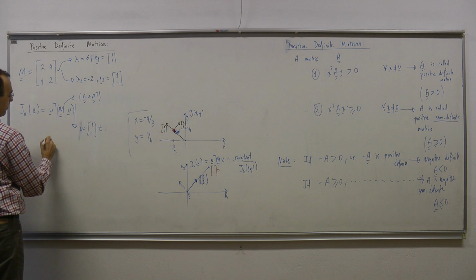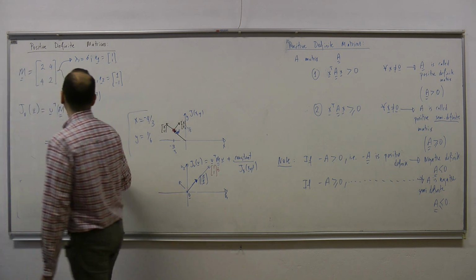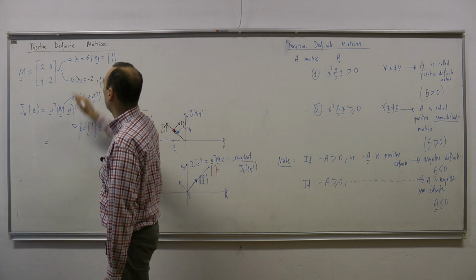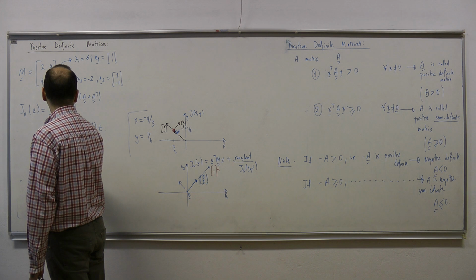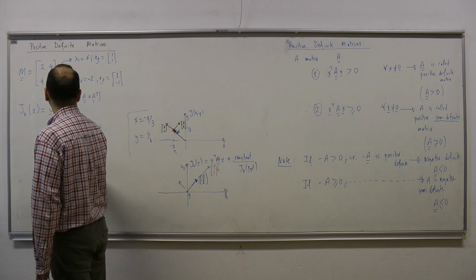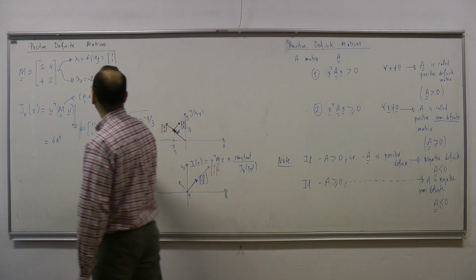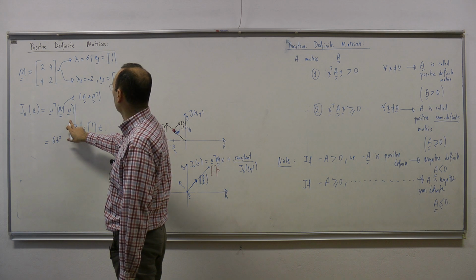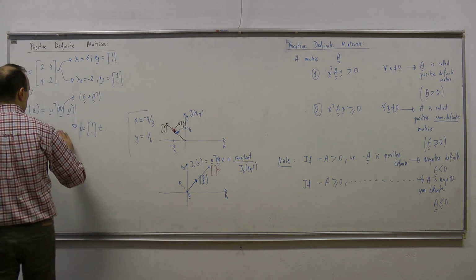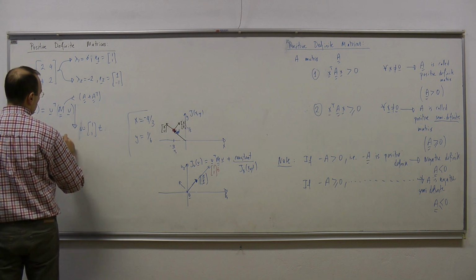Since M times U is an eigenvector, I get 1, 1 with eigenvalue 6. So at the end I get the following: 6 T square, and that is it. After this multiplication I have this, and actually let me have 12 T square.